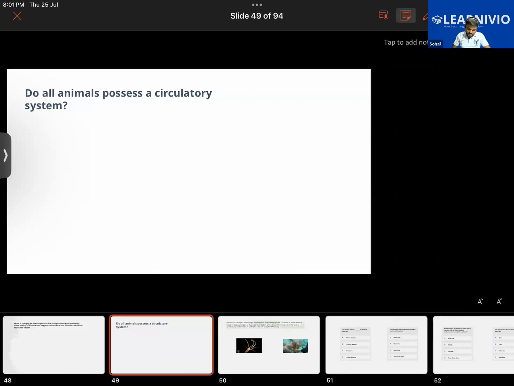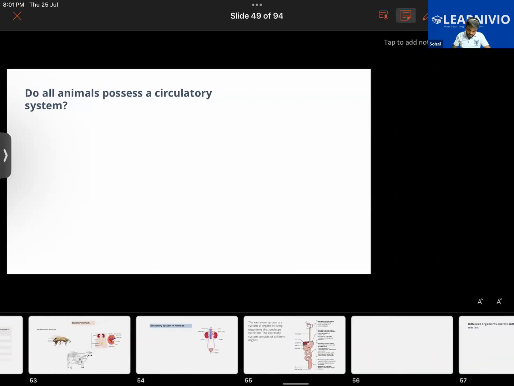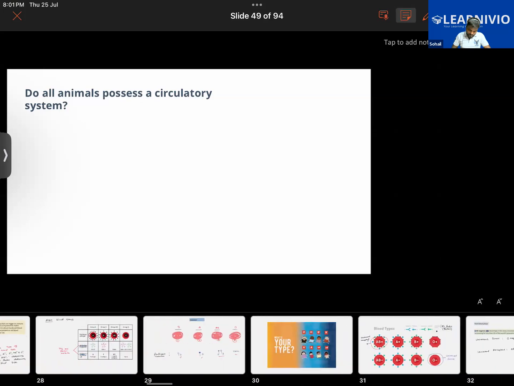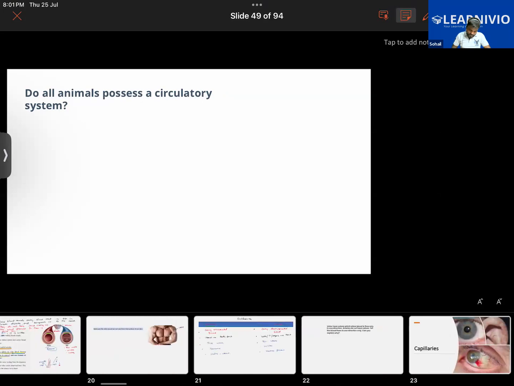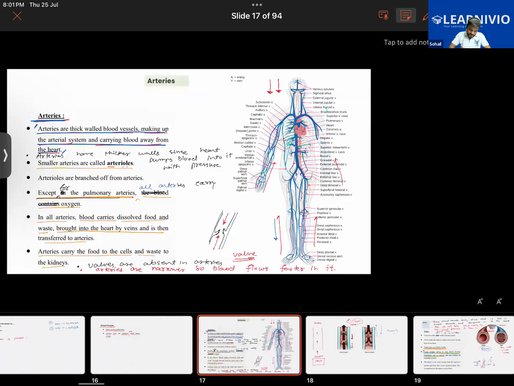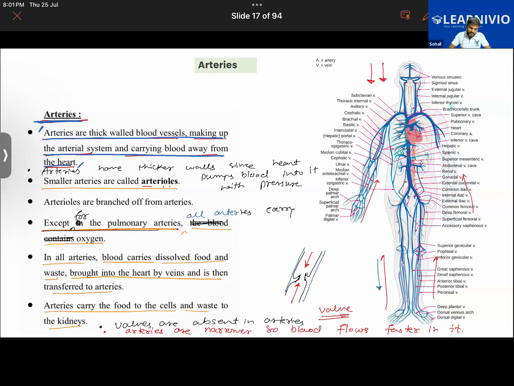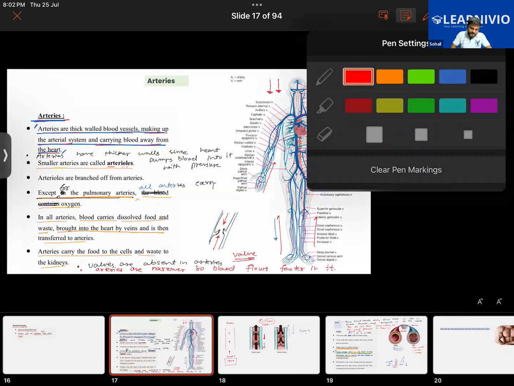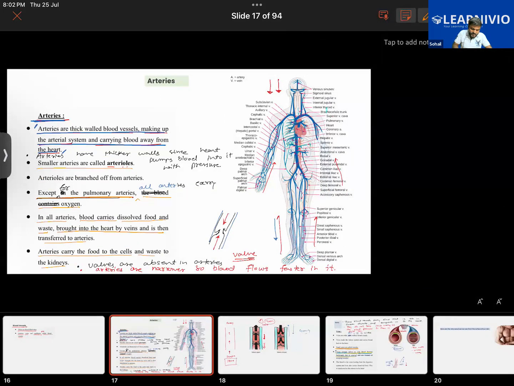For example, have a look at this image. I'm talking about the superior vena cava, and the thing is that it would be particularly bringing the deoxygenated blood into the heart. The superior vena cava would be bringing the blood from the upper half part of the body. You can try to understand in this manner.